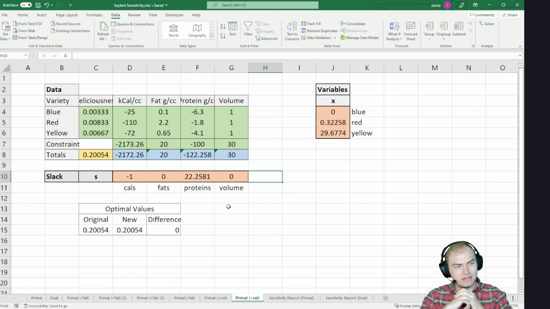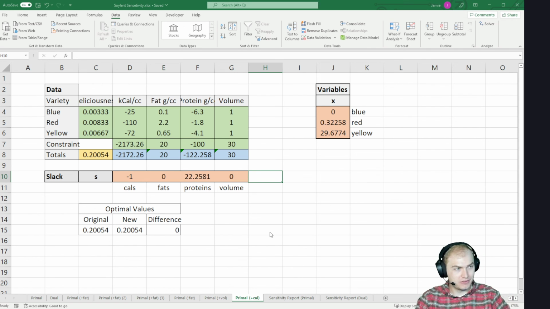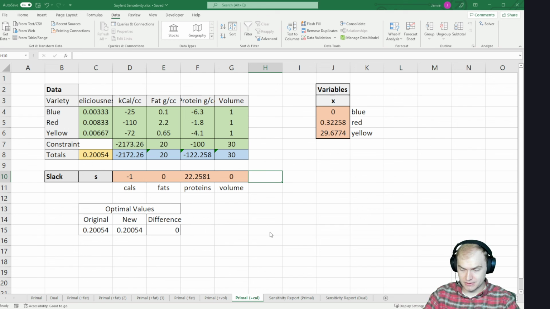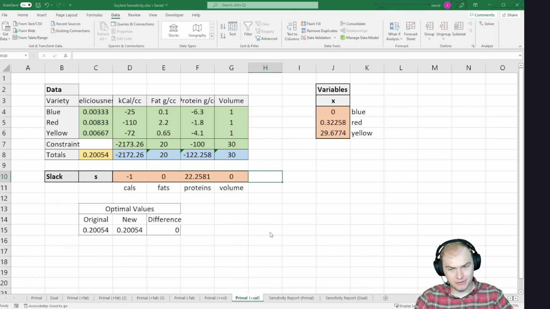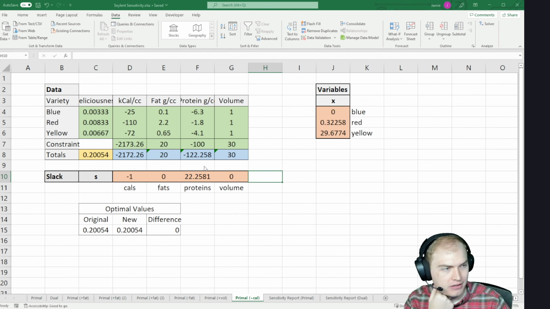I have a negative slack, which means that our current solution is infeasible. So I run the solver again, and in fact, the solver couldn't find a feasible solution at all this time. So we do have to be careful when we're talking about sensitivity and shadow prices, because we can only increase things so much sometimes.